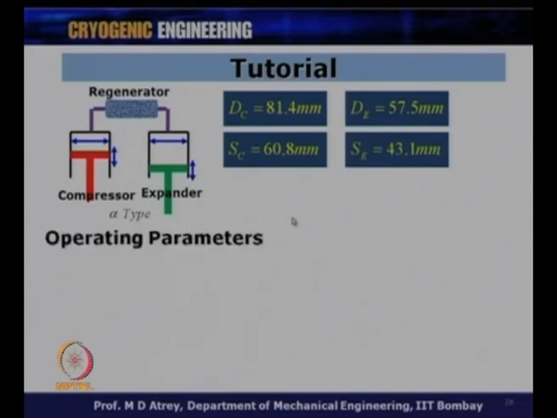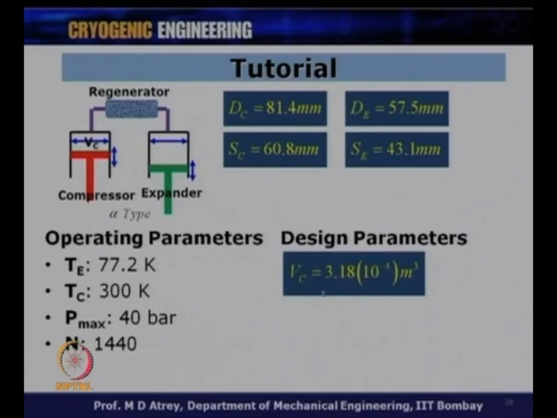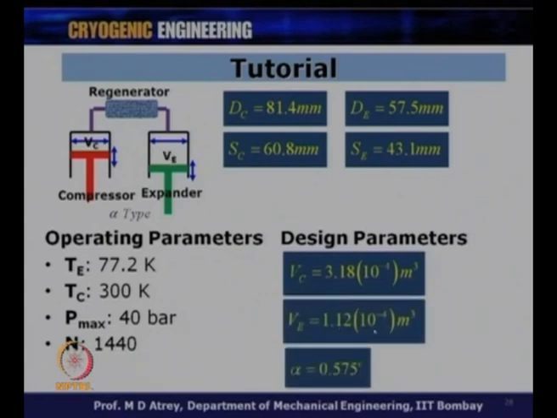My operating parameters are Te equal to 77.2 Kelvin, Tc is 300 Kelvin, Pmax is 40 bar, and N is equal to 1440 revolutions per minute. Similarly, for design parameters, I have Vc, Ve, and alpha as 0.75 radians, which is equal to 32.9 degrees. So these are my first guess. I am not going to be iterating over here.